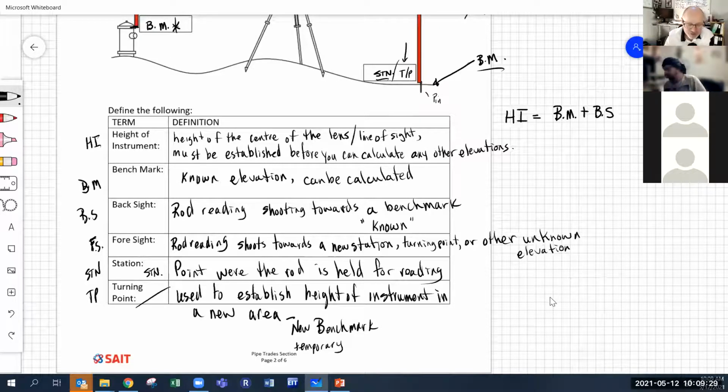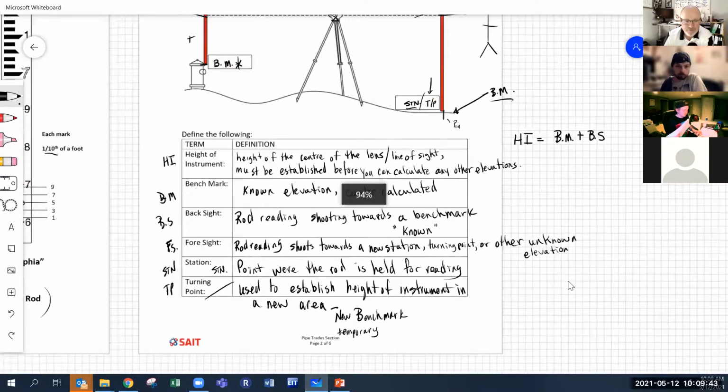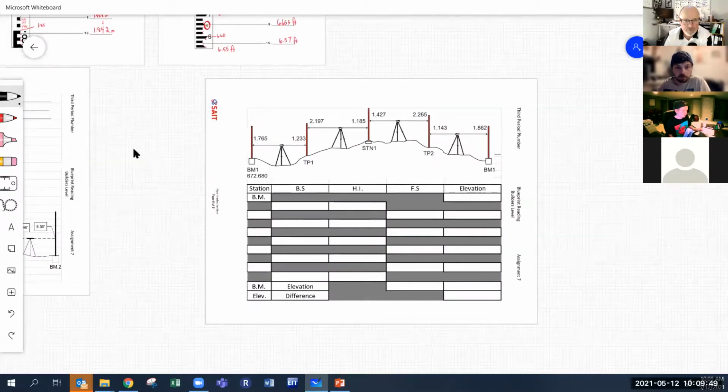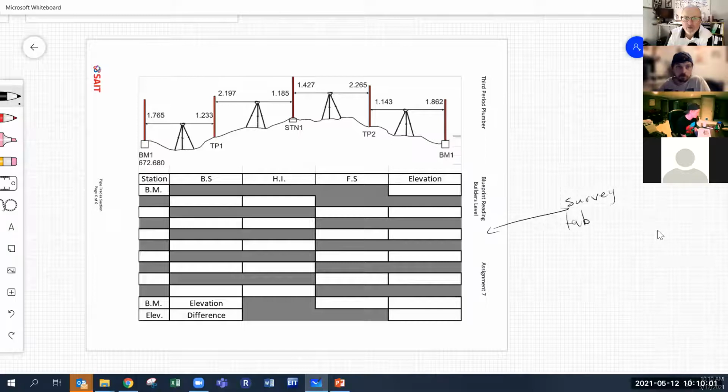And now we're going to do some readings here. Now, this is a survey table, and this table is used to put in our elevations, our back sights, our height of instrument, our foresight.